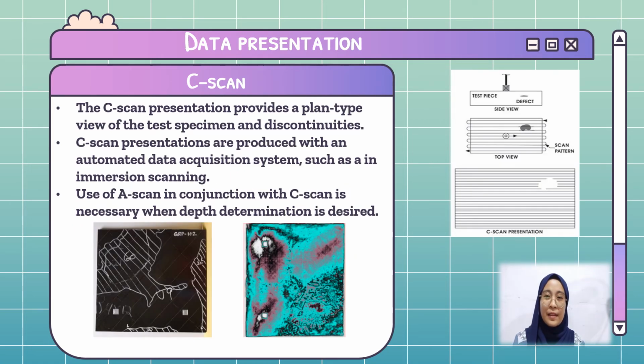The C-scan presentation provides a plan-type view of the test specimen and discontinuities. C-scan presentations are produced with an automated data acquisition system such as in immersion scanning. Use of A-scan in conjunction with C-scan is necessary when depth determination is desired.